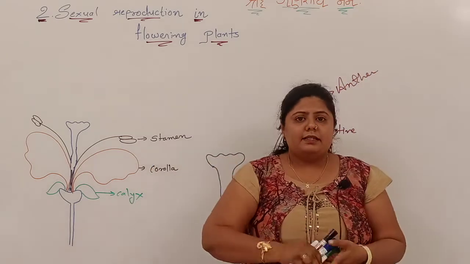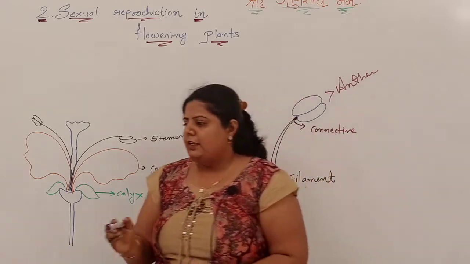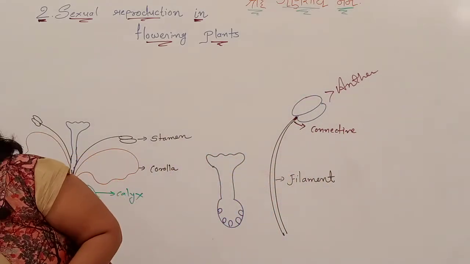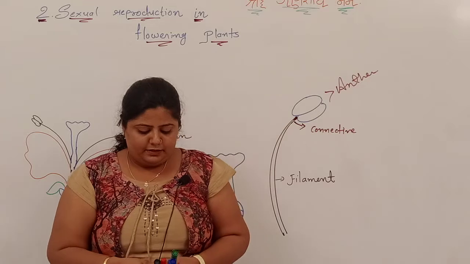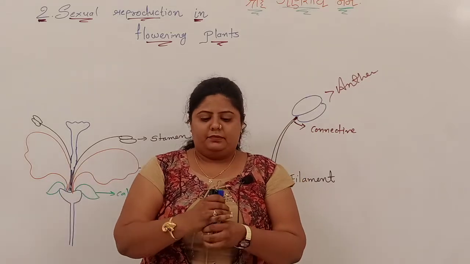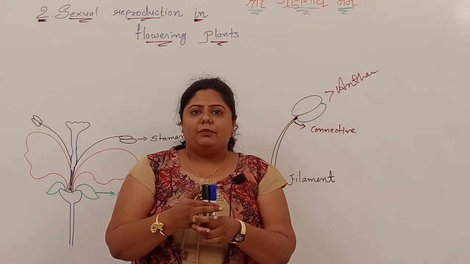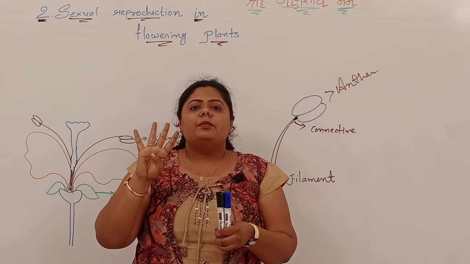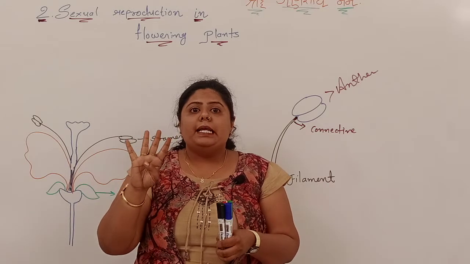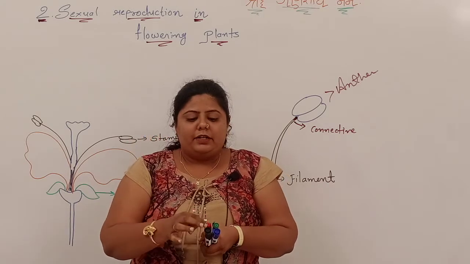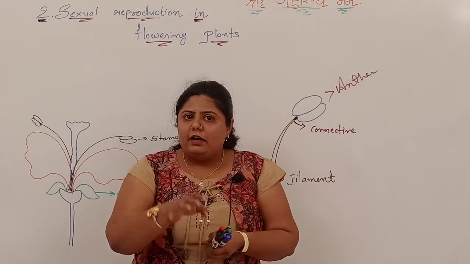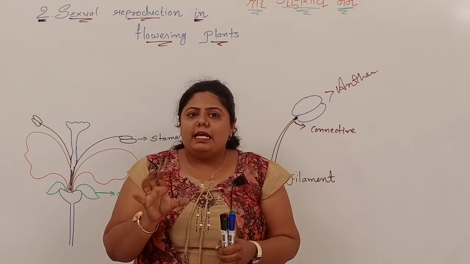Now, anther is a bilobed structure. You can see this is the anther, two lobes, bilobed, but four theca or pollen sacs are there: 1, 2, 3, 4.